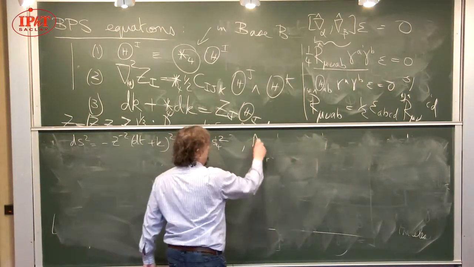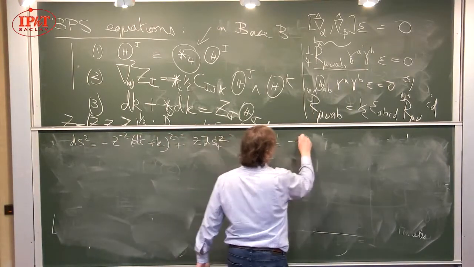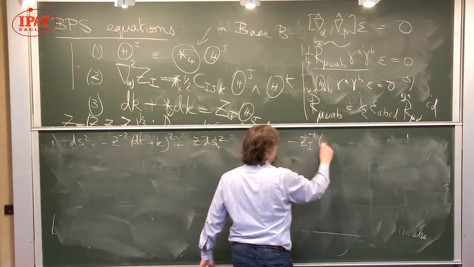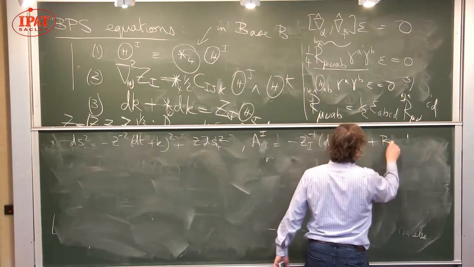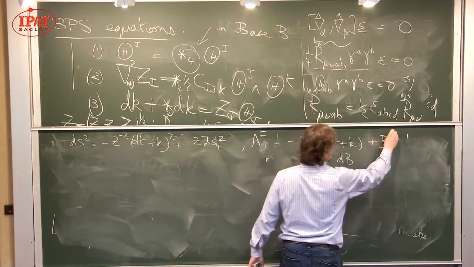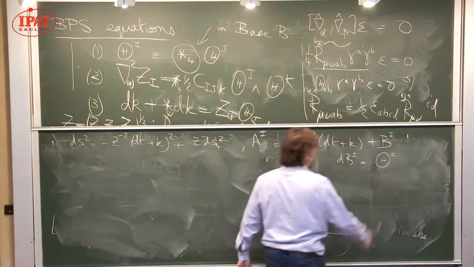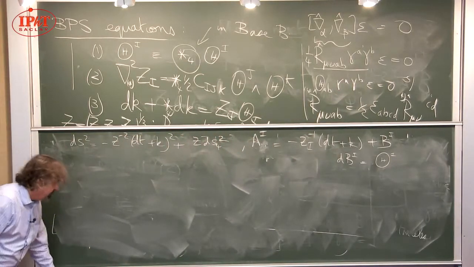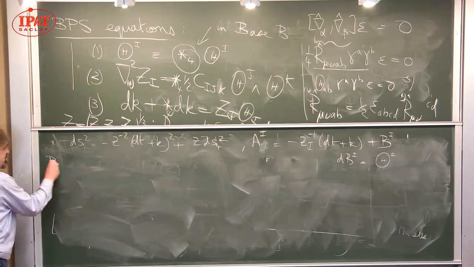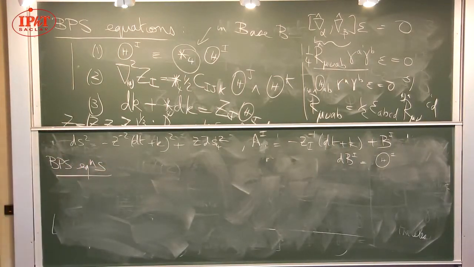And the A^I, the electric fields, decompose into minus Z_I to the minus 1 (dt plus k) plus B, and dB^I is theta^I. Okay, so let's look at what's happening here. The first thing you should notice, the BPS equations are a thing of great beauty.